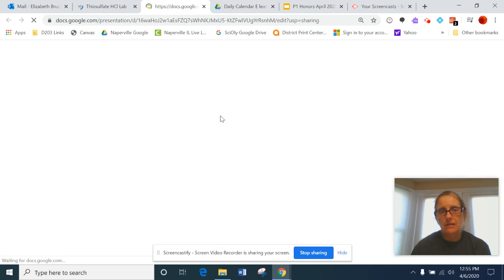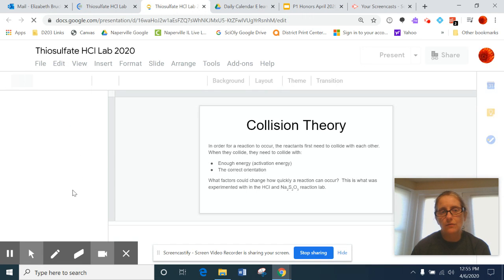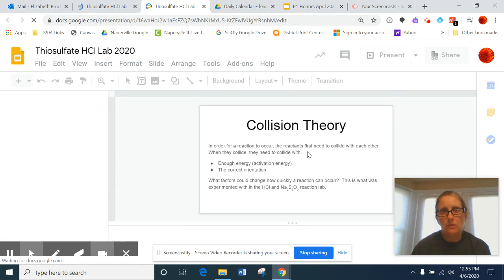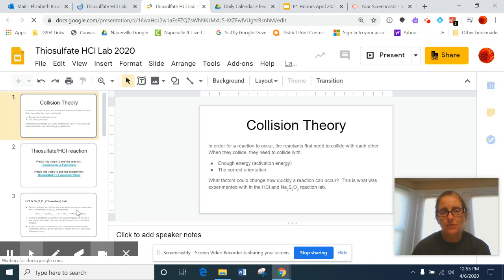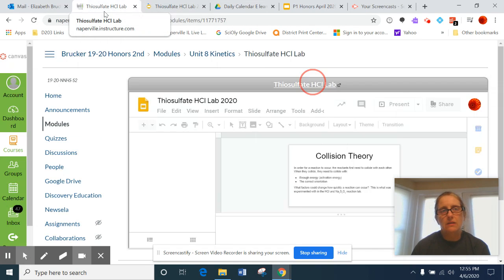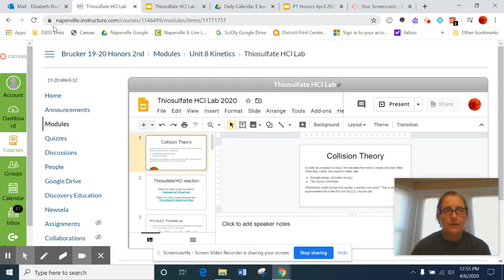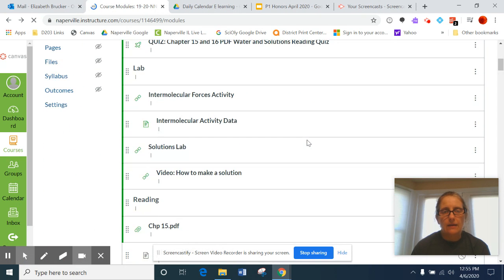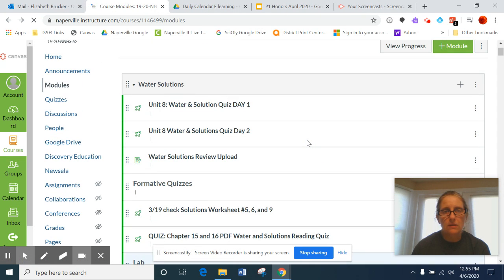And what you're going to see is there is a set of Google Slides. And what we did was we pulled some data from last year's experiment. And you are going to essentially go through this slideshow and see what the experiment is and some of the data. And from this, Miss G was nice enough to do a video of this.